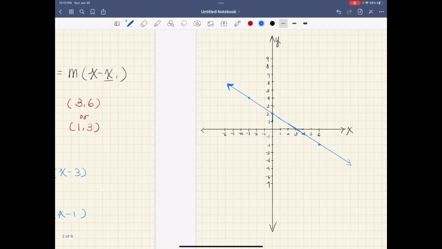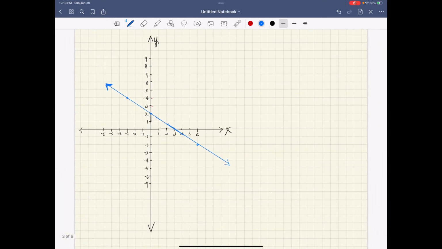Now, let's try another one. Same thing. First, write the point slope form of linear. Y minus y1 is equal to m times x minus x1. Find the slope of the line. Rise over run. So let me use these 2 points right here.